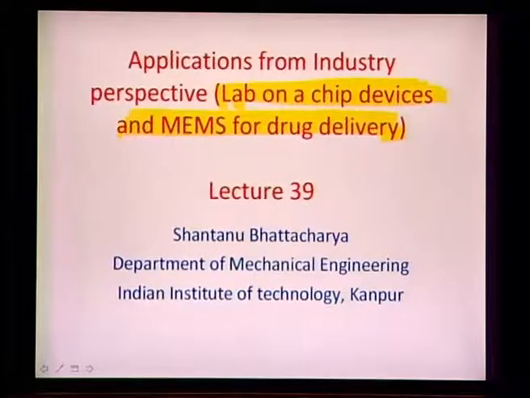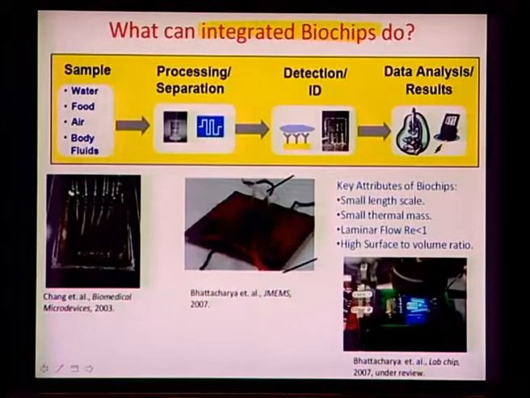We have been talking off and on about different lab on chip devices and systems. Here, I would like to reiterate that integrated biochips are capable of the whole integrated process, starting from sample collection, sample processing or separation, some kind of tagging or detection or identification and signal transduction, and then interpreting the data analysis and the results which come out of this transduction process.